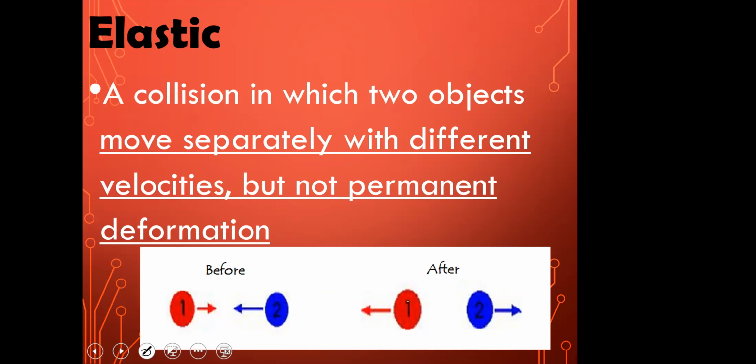And look at the shape of each ball. They have the same shape. They don't have any permanent deformation. This is the meaning of elastic. Is it clear? Yes.